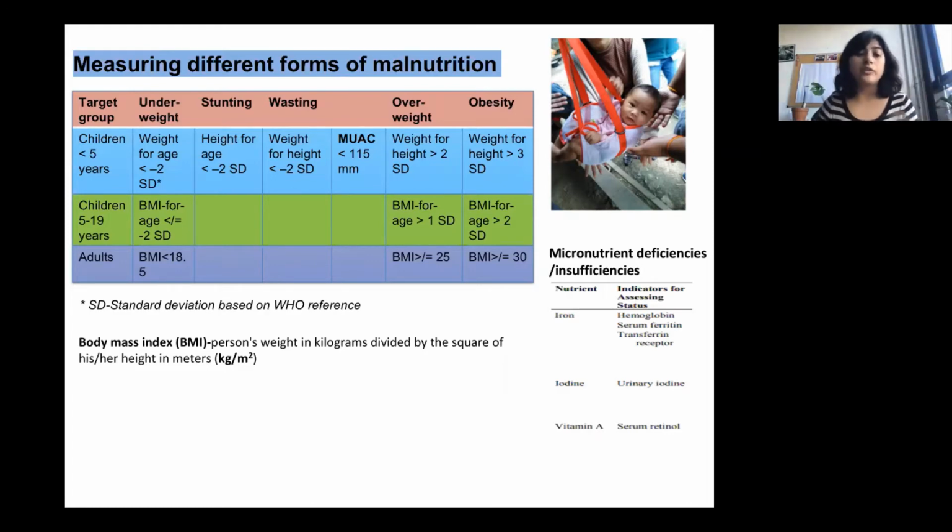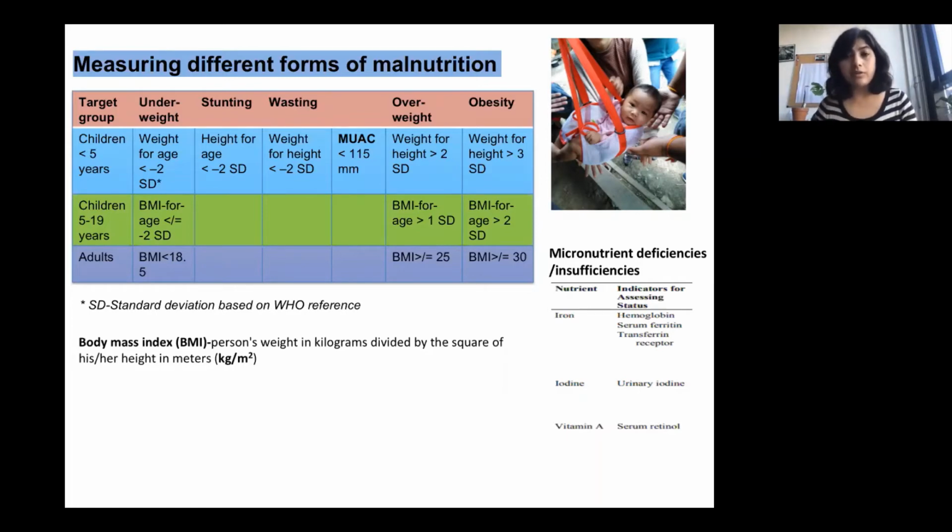Maybe most of you already know about the BMI. There are so many apps nowadays that we can use to calculate it. The body mass index is a person's weight in kilograms divided by the square of his or her height in meters.